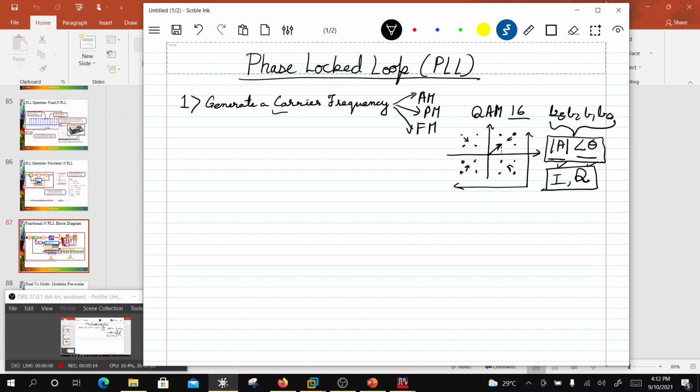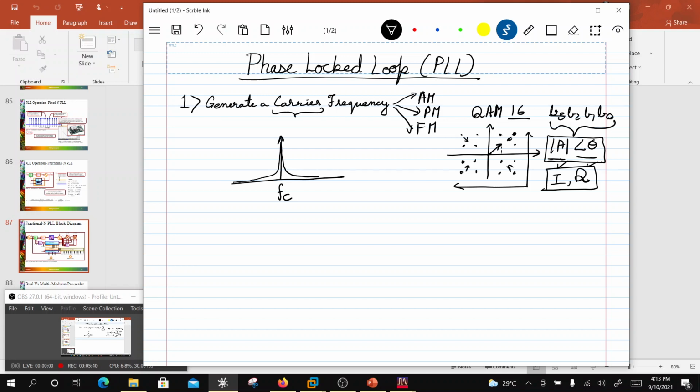Now what is the role of the carrier, right? Carrier is supposed to be a pure tone. So let's say this is a carrier frequency, I do not want anything besides this carrier frequency. But in reality, there is noise in most electronic circuits which is up converted to the carrier frequency, and it exists around this carrier frequency.